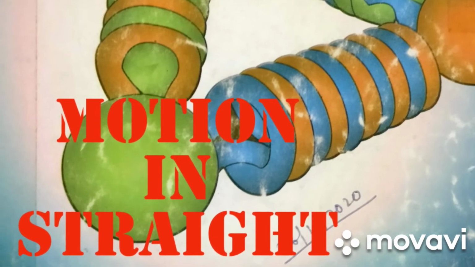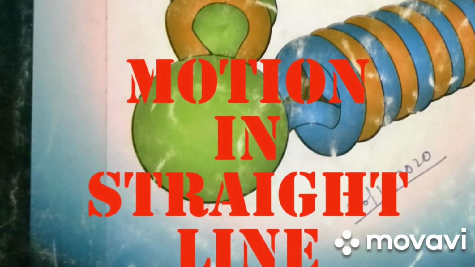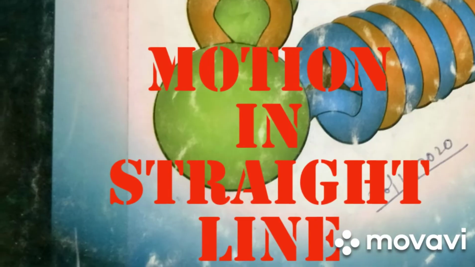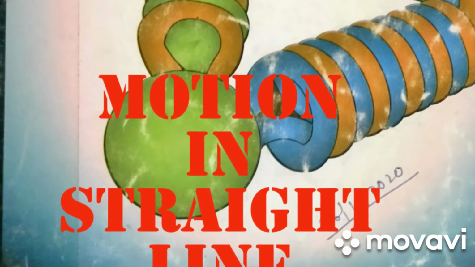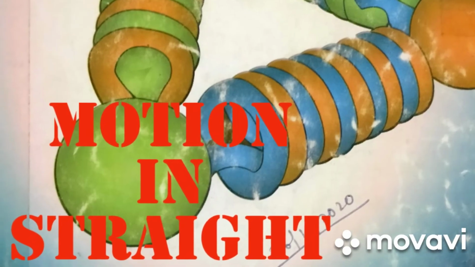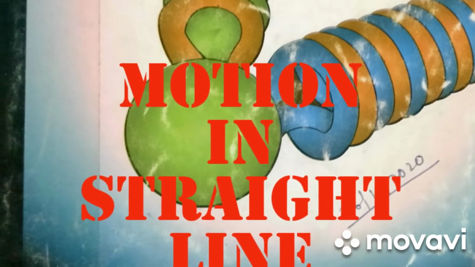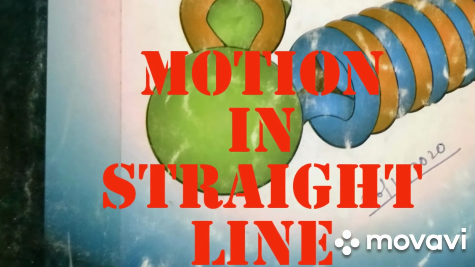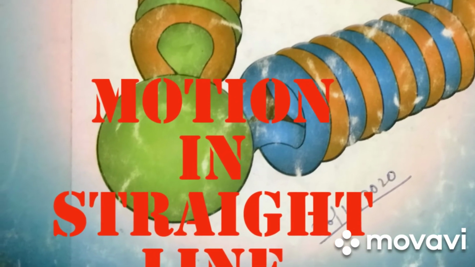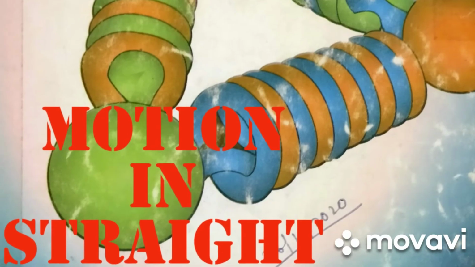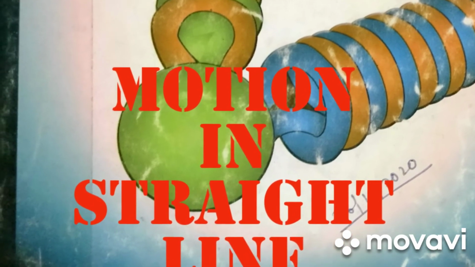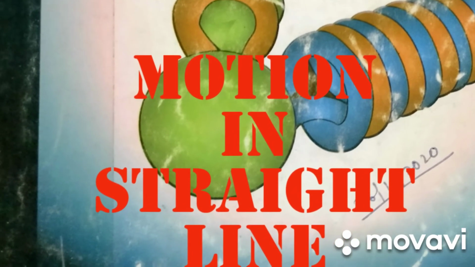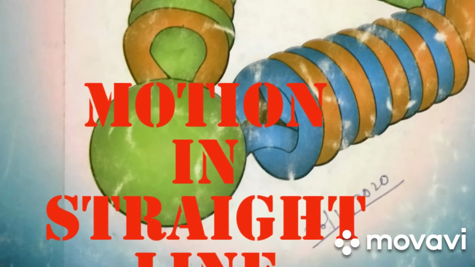During upward motion, let the initial velocity be u, and during the motion at any point the velocity is v. Here acceleration becomes minus g. V equal to u plus at, or v is equal to u minus gt.